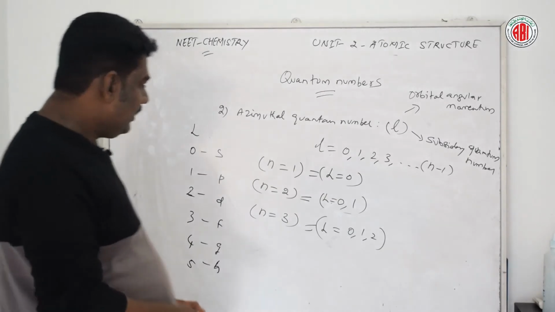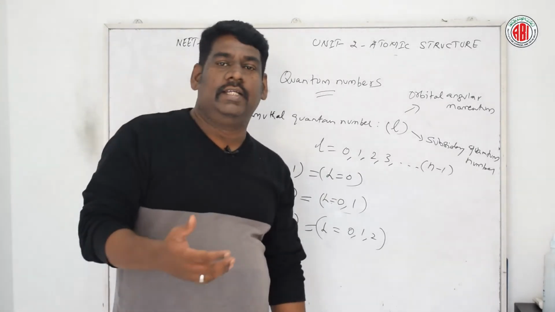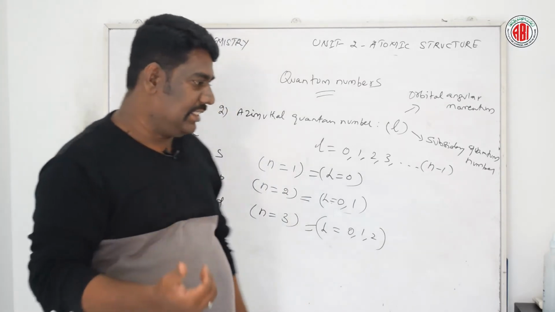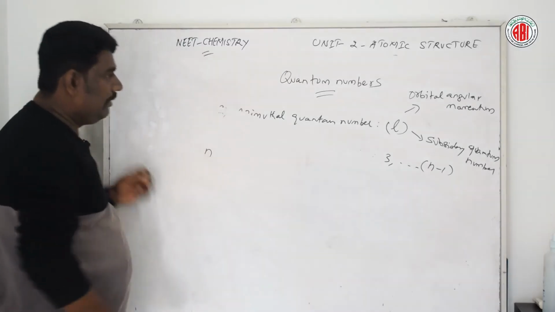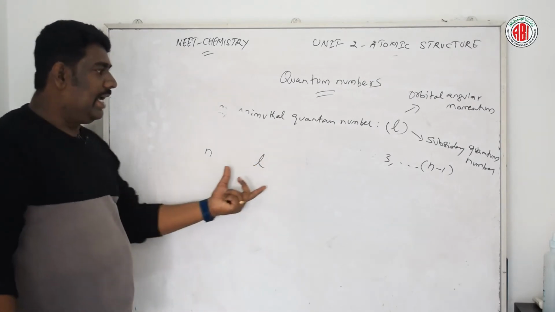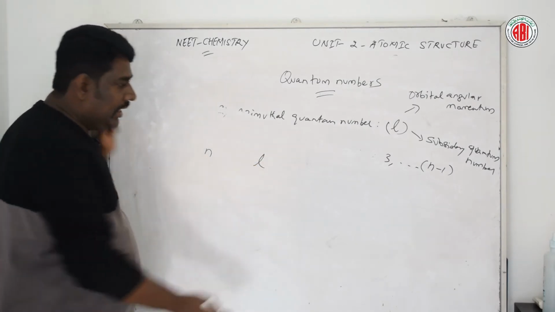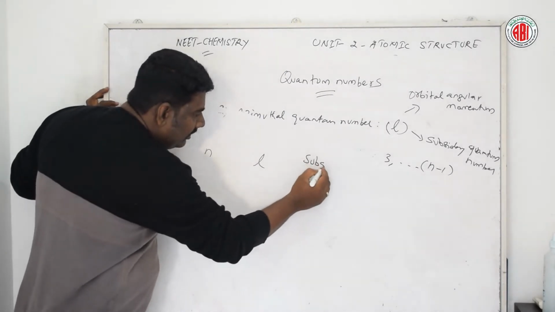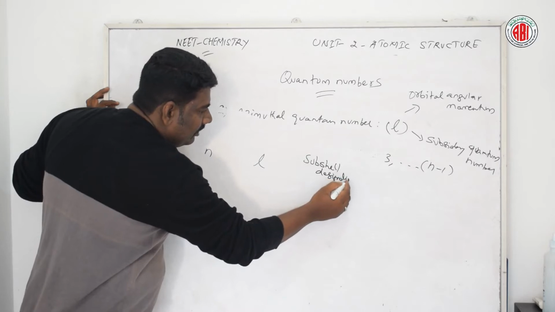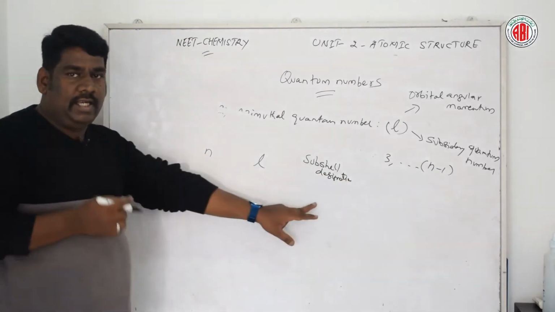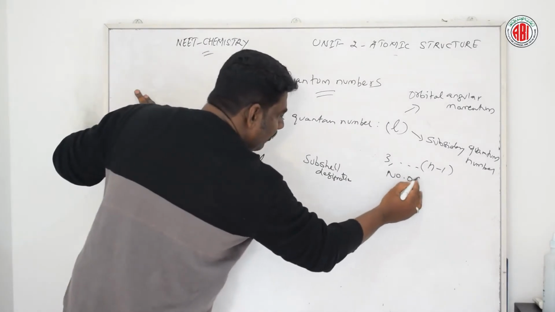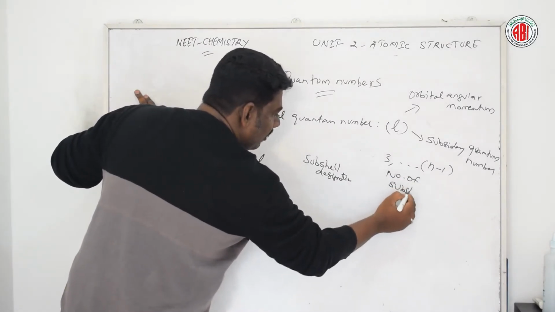Now let us write the N value and L value of each shell. N value is the principal quantum number, and L value is the azimuthal quantum number, along with the subshell designation and the number of subshells present in the shell.